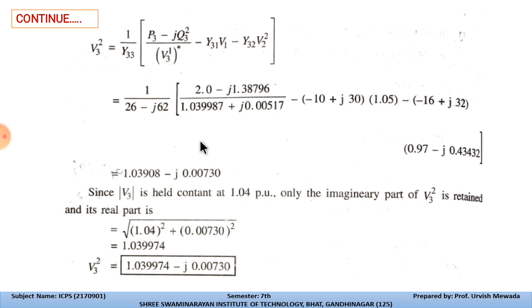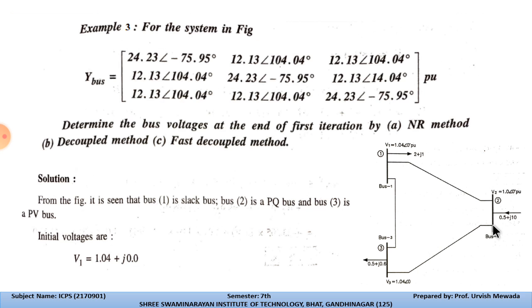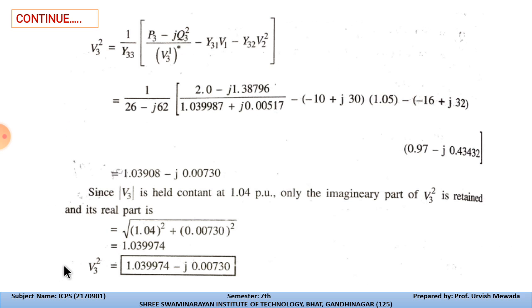So by putting these values, we will have 1.039974, and V3 2 is equal to 1.039974 minus j 0.000730. So this is how we can compute any example using the GS method.